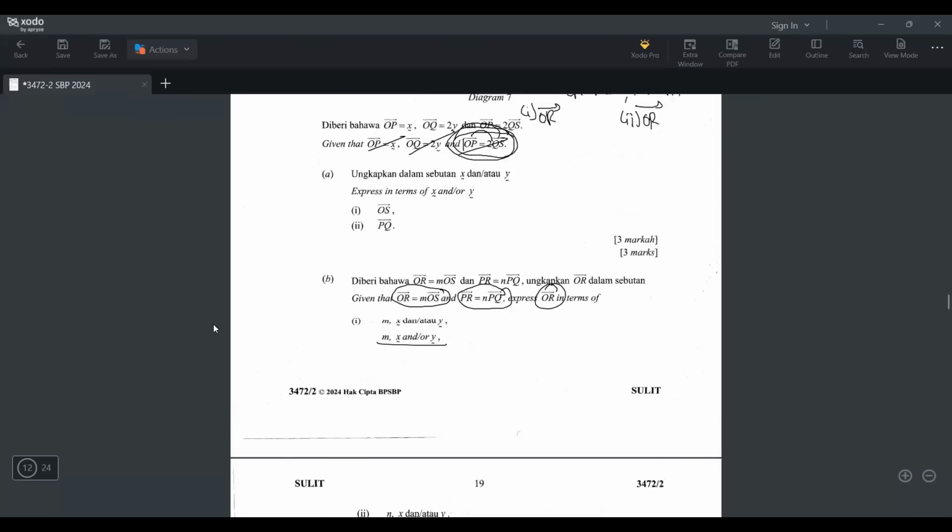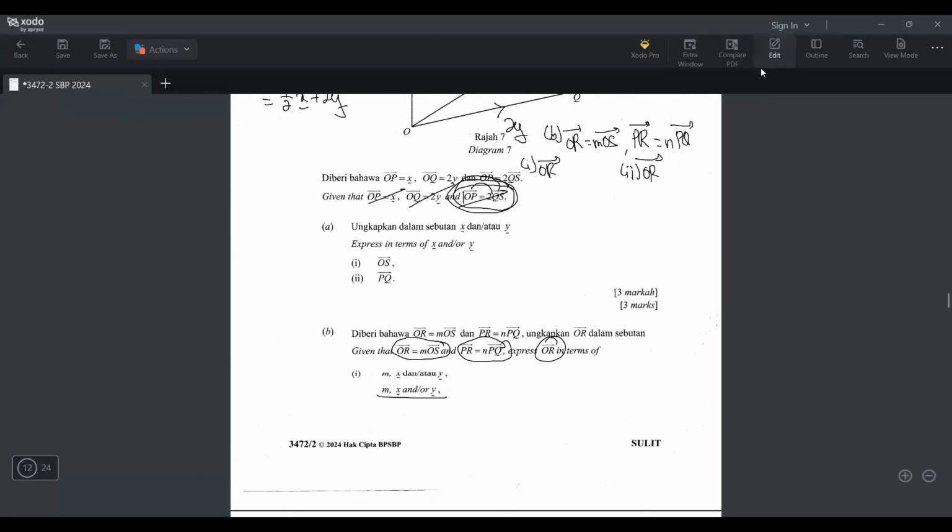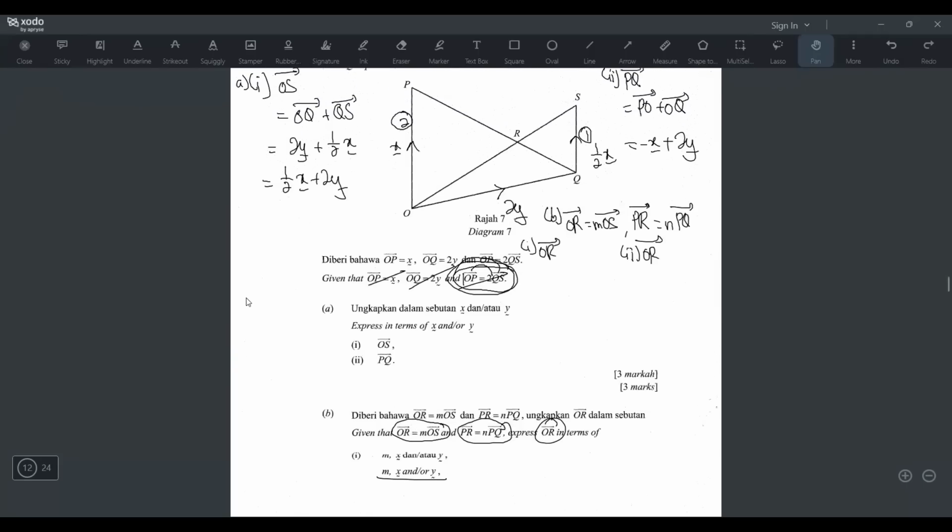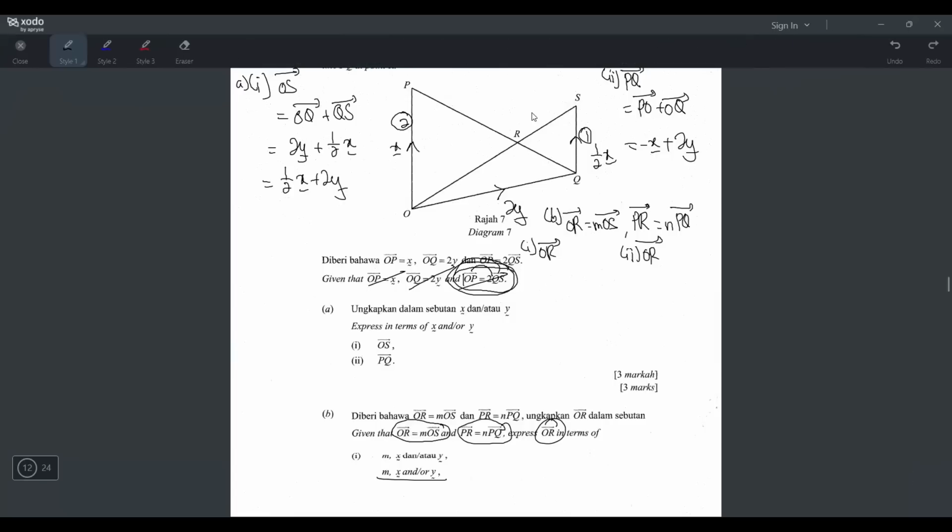Okay. Tell me now in this question dekat mana ada m? In the whole question, which information got M? In the diagram no M, right? The only information yang ada M is this information. Do you agree? In the whole question dekat sini je yang ada M. Maksudnya, when we do question number 1, jawapan kena ada M. So, when we do question 1, kita kena guna information yang ini.